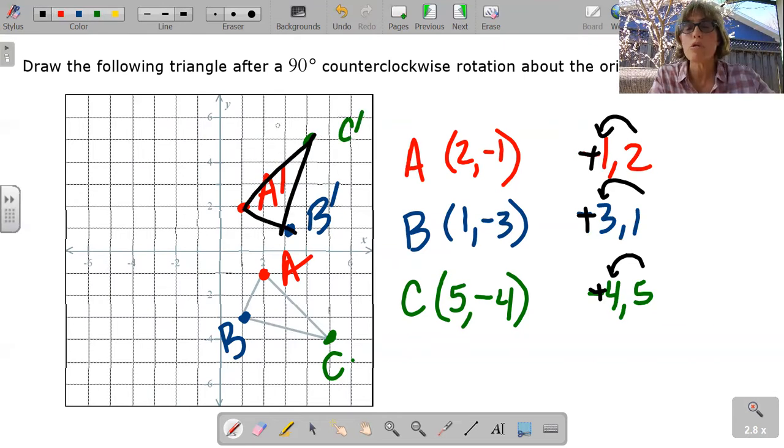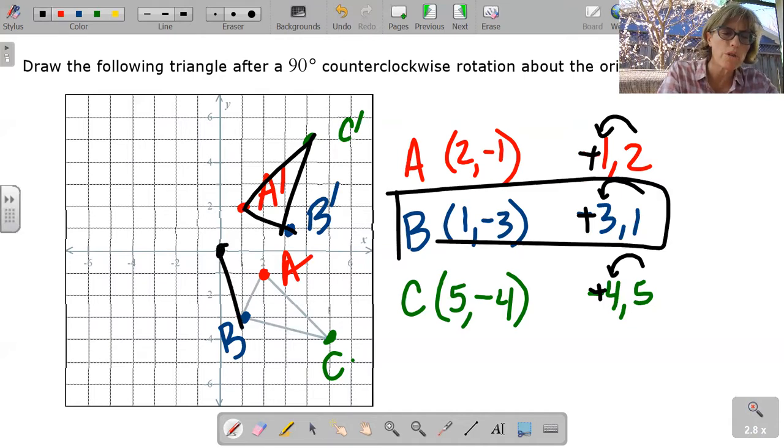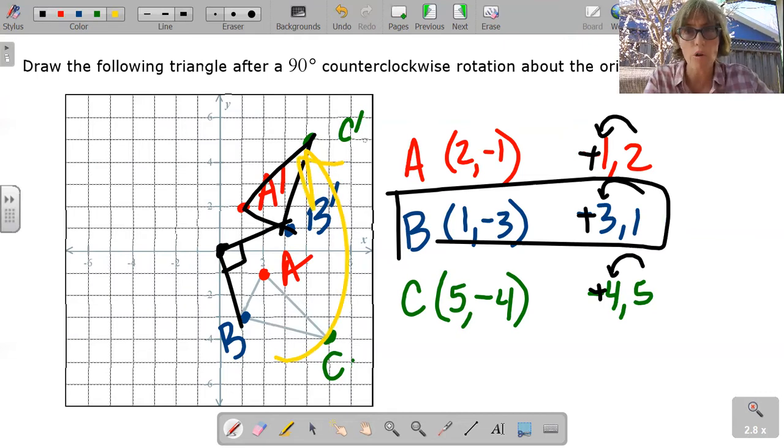See if it worked. You choose any 2 points. We're going to go from origin to B, origin to B prime. Yes, it's 90 degrees, and yes, the motion was counterclockwise.